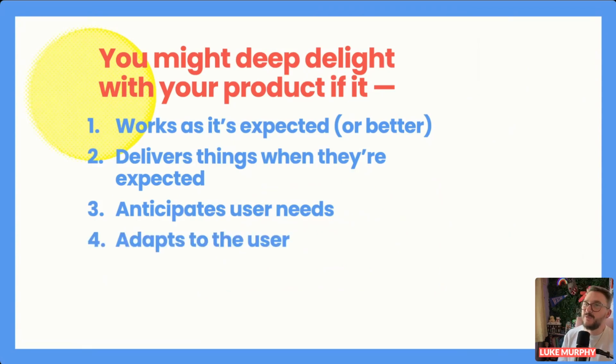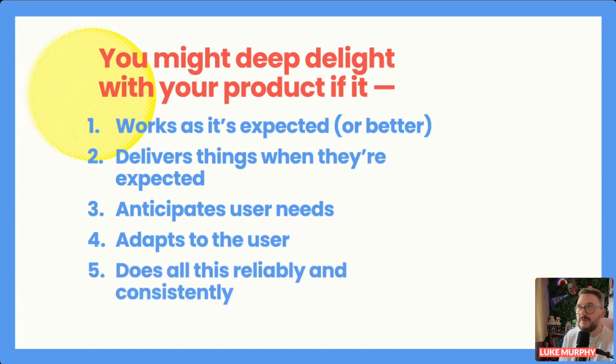And if it learns from the user and adapts, either through, well, fancy AI, although I haven't really seen many instances where AI can adapt in a way that the user might expect, or just through the product team actually listening to the users and delivering what the users need via product updates.